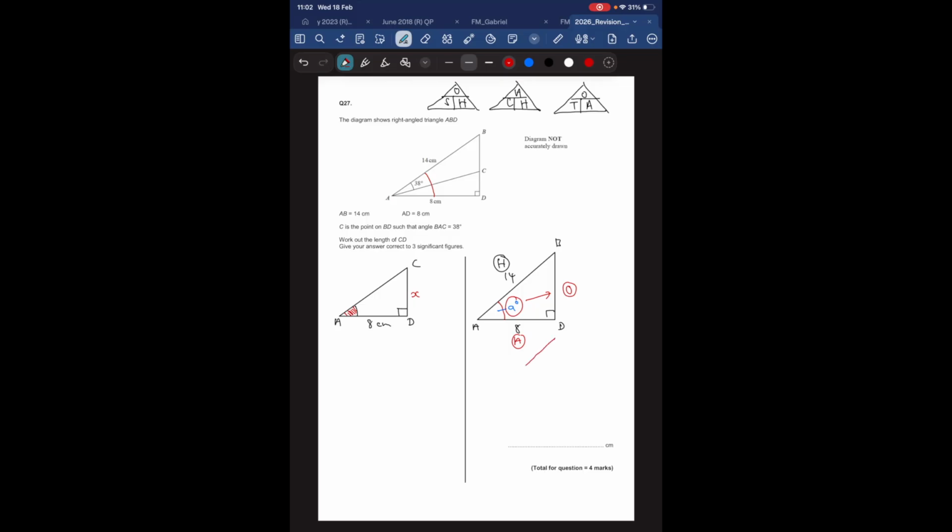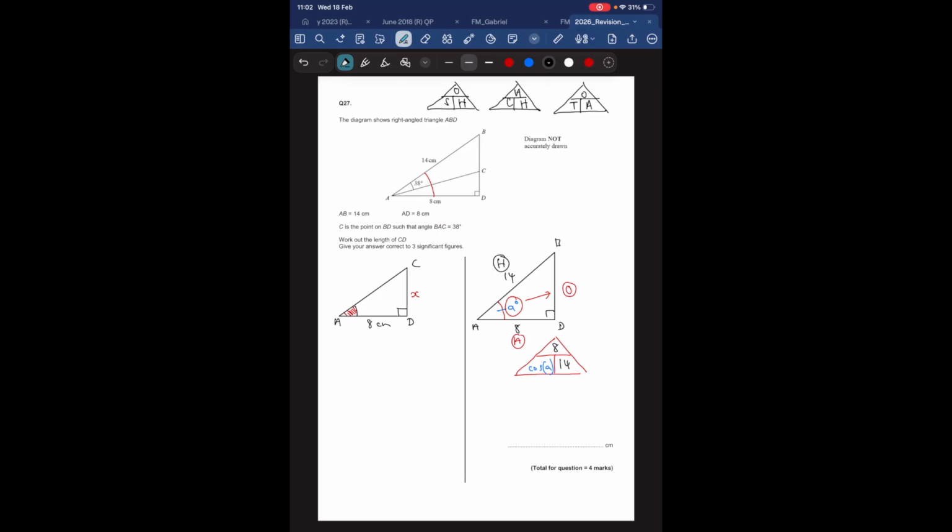So if I redraw that triangle here and replace what I know, C is the cos of the angle. So this C here represents the cosine of this angle. On the top here, we have the adjacent side, which is this 8, so on the top I'm going to put 8. At the bottom is the hypotenuse, H, and that corresponds to 14 from the diagram, so at the bottom I'm going to put 14.